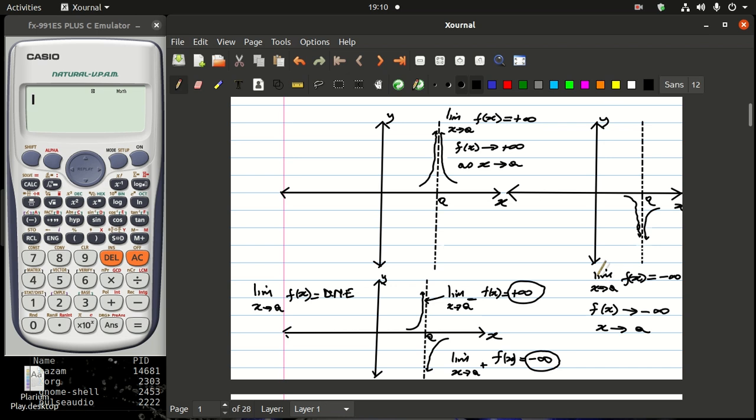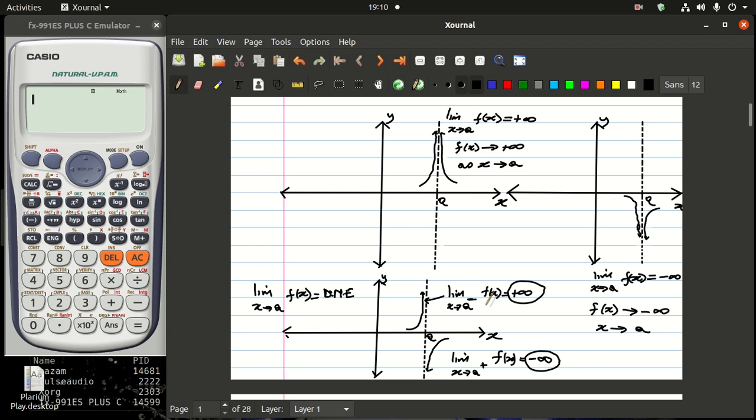Or if we find out that the limit as x approaches a of f of x is negative infinity, we also know that there is a vertical asymptote at x equals a. And of course, in this case also, if you know that the limit as x approaches a of f of x is positive infinity when you're looking on the left, then you know that you have an asymptote there.